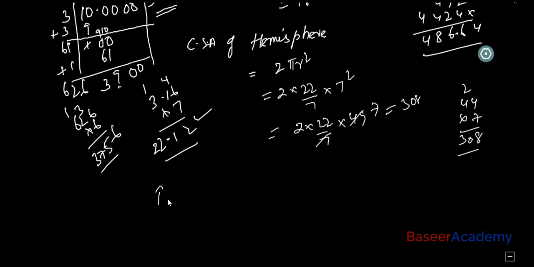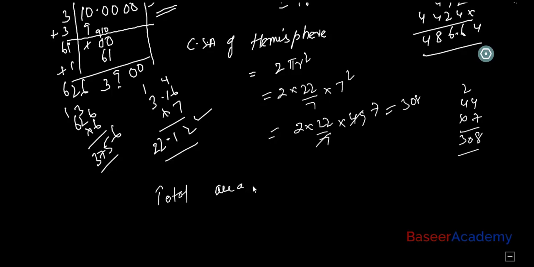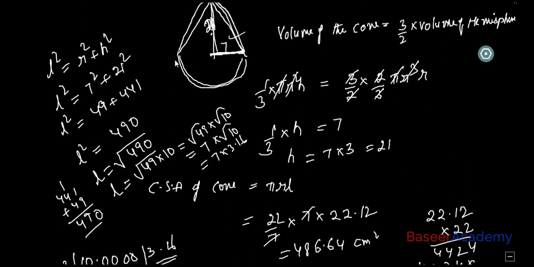Now, what is the total area of this solid? The total area of the toy should be curved surface area of cone plus curved surface area of hemisphere.